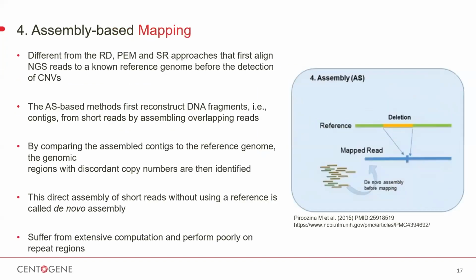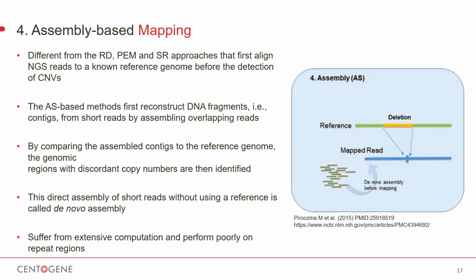The fourth method is different from the previous three discussed strategies. In those, we start the initial step by comparing reads from the patient to the genomic reference for detection of copy number variants. The initial step here is different. We start by reconstructing DNA fragments from simply overlapping reads, building contigs from short to long, and then comparing these assembled contigs to the reference genome.